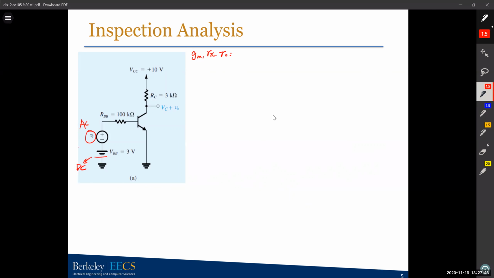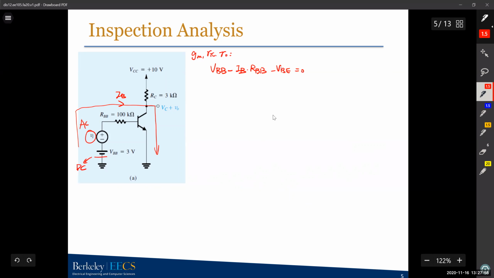That means we do a KVL in this direction: VBB minus IB times RBB minus VBE equals 0. And your IB will just be VBB minus VBE divided by RBB.